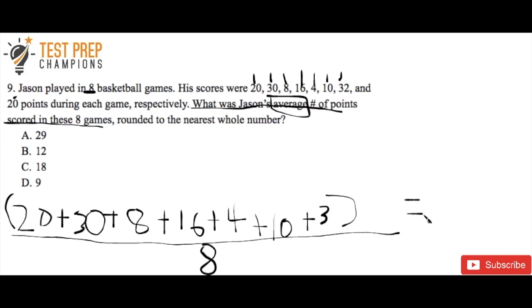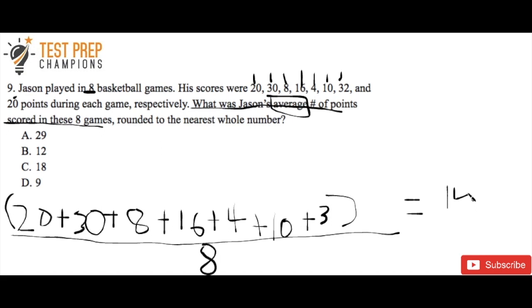We got 20 plus 30 plus 8 plus 16 plus 4 plus 10 plus 3, which gives us 91. Let me just make sure I did that right. We got 20 plus 30 plus 8 plus 16 plus 4 plus 10 plus 32 plus 20, which gives us 140. So actually some of the numbers got cut off here.